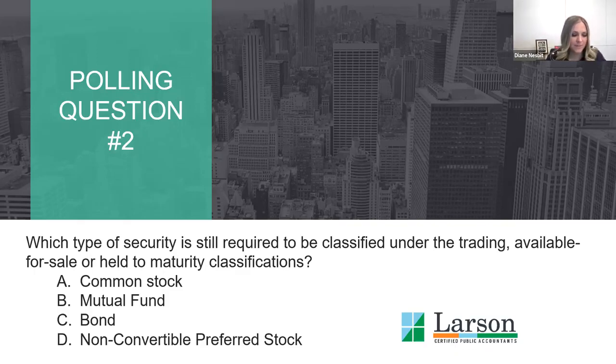And if you're still having an issue with the pop-up on this polling question, please feel free to just type your answer into the Q&A. That way you can answer there if you're not able to click on one of those radio buttons, or if you're not seeing the pop-up, feel free to go ahead and just type A, B, C, or D there in the Q&A. We'll just give it one quick more second for people to get their answers in there.